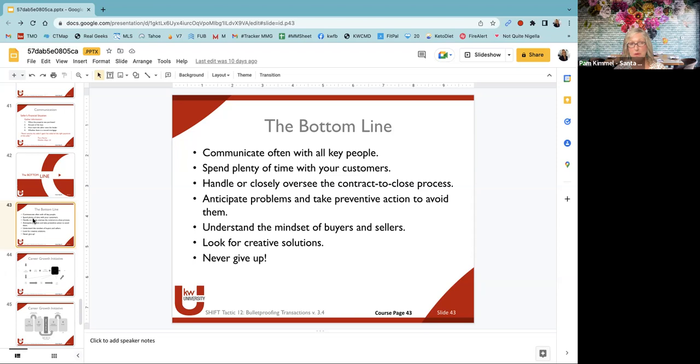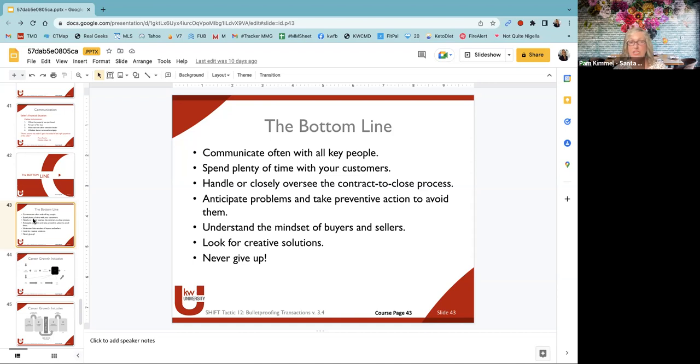Ultimately, when we're working with buyers, we spend a lot of time with them, showing them properties. But spend time with your clients, with your buyers and your sellers, so that you understand what they're thinking, what their thought process is, how they're managing their expectations, how they think things will go, so that in the end they have a good transaction with us and we get a successful close.